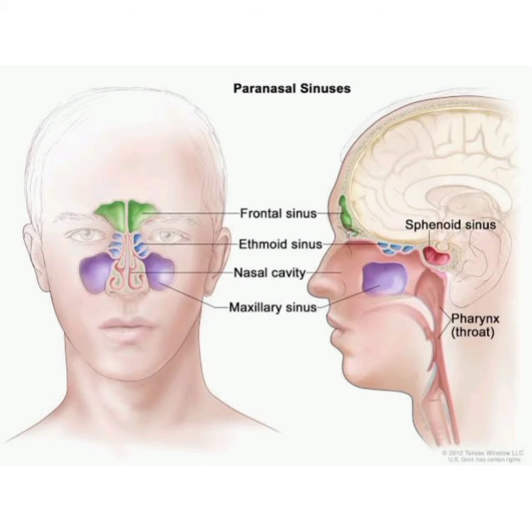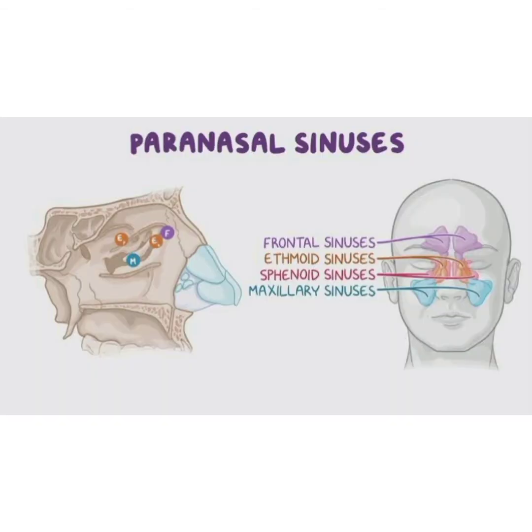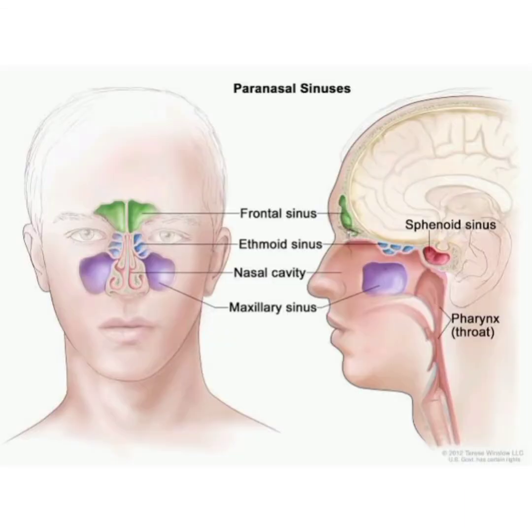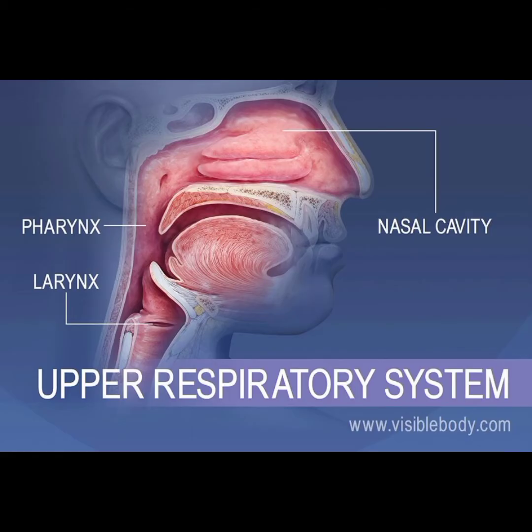These are lined with a thinner respiratory epithelium, and occasionally very few goblet cells are present in the paranasal sinuses. The paranasal sinuses communicate with the nasal cavities through small openings into the meatus, which is present in the lateral wall of the nose.